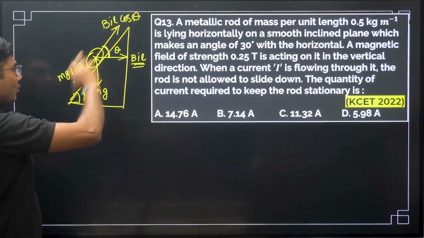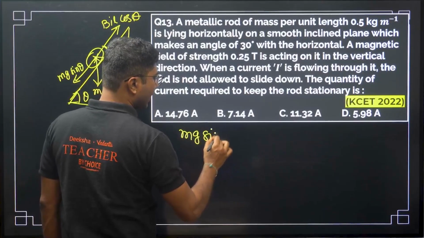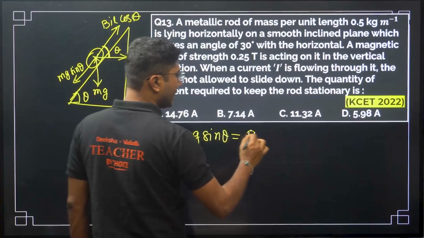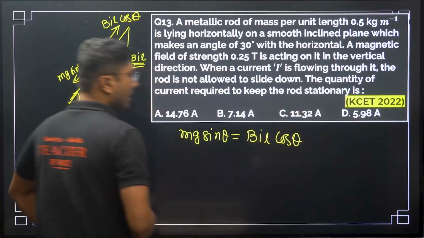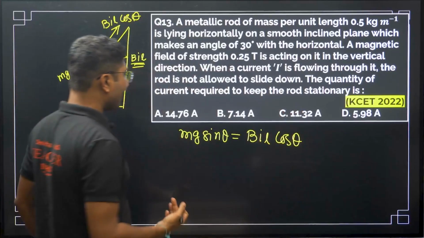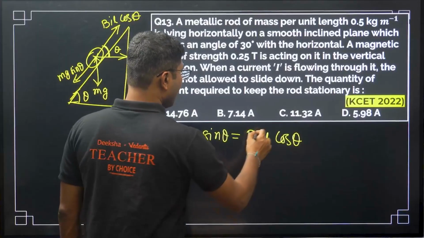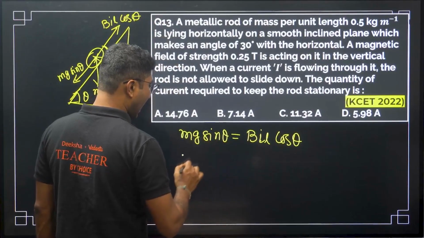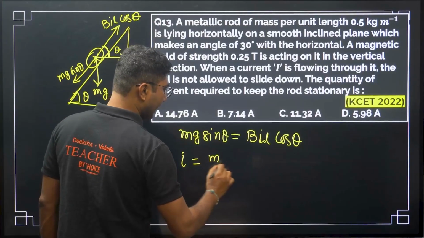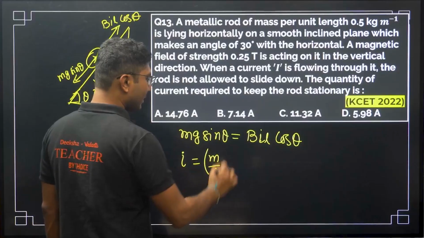Now, what we have to do? We have to equate mg sin theta to BIL cos theta. Now let us put the values. Here mass per unit length is given, and we are trying to find this I. So from here I equals m by L. I am writing it separately because mass per unit length is provided.